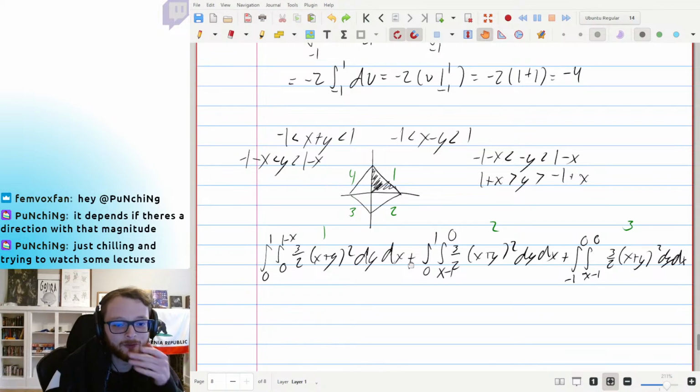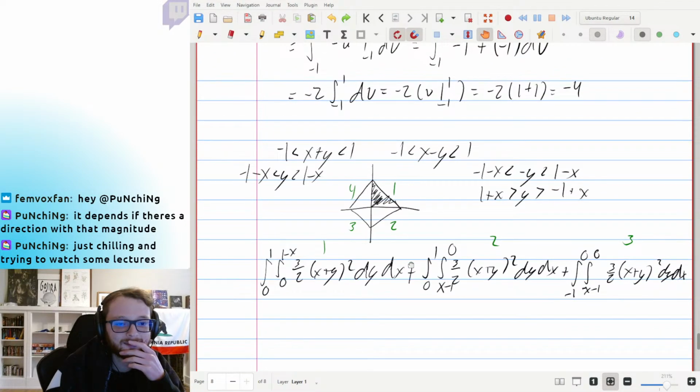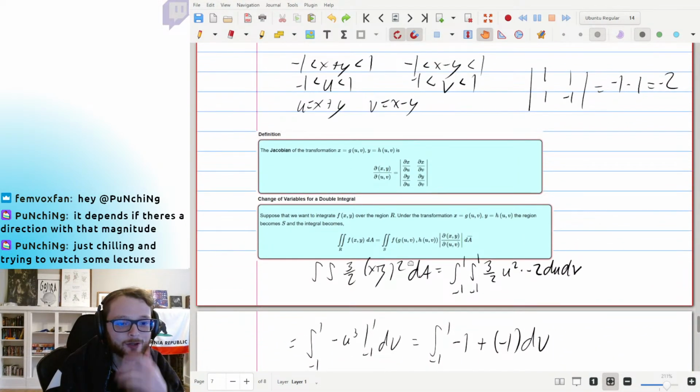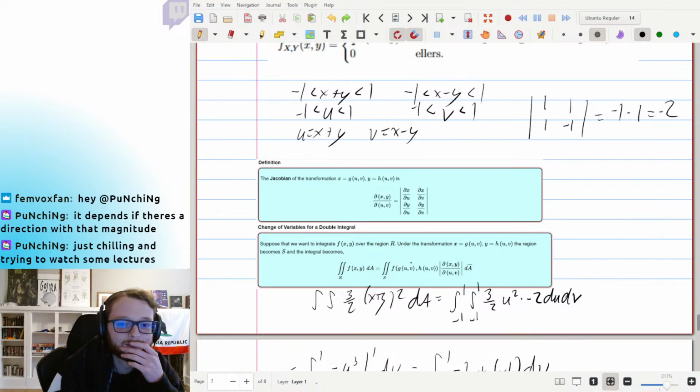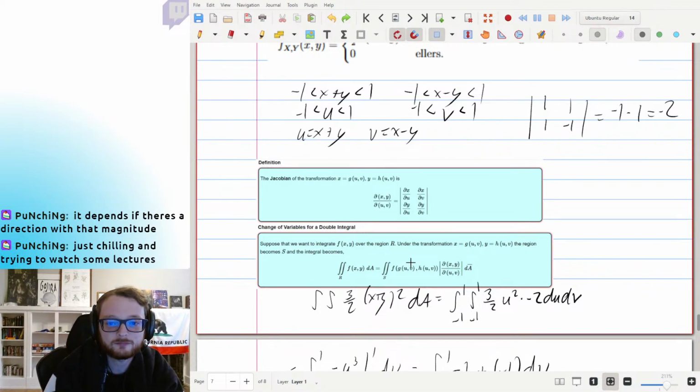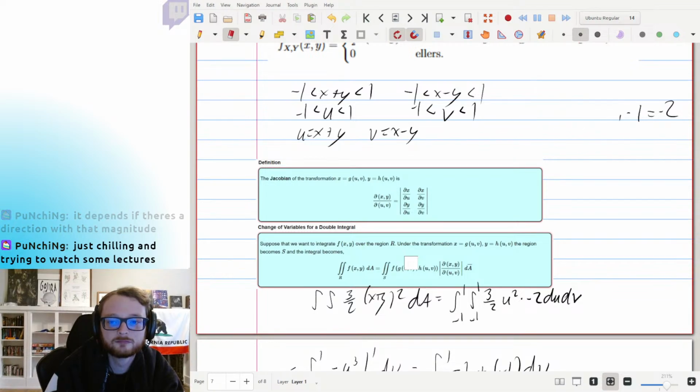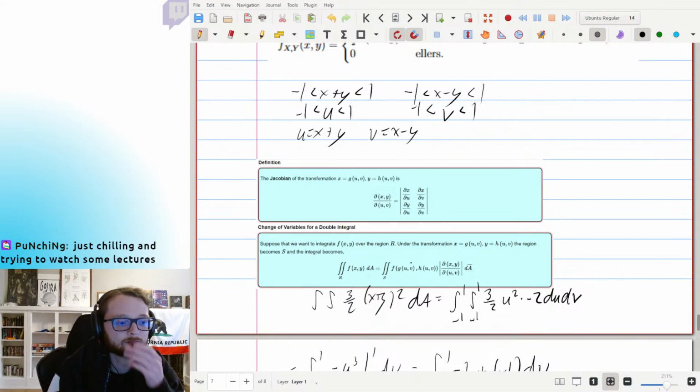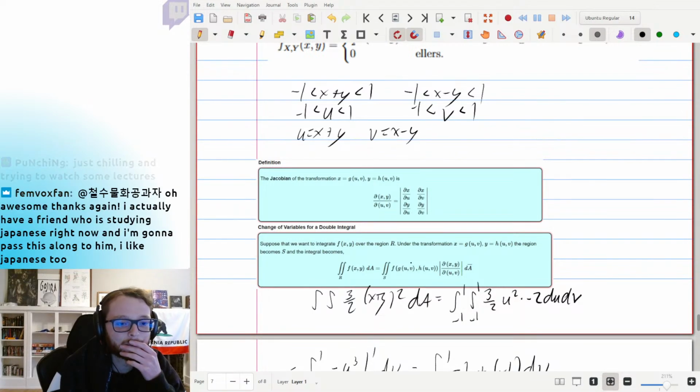The only thing I think of is to split up into 4 different regions and do this. And that's also terrible. I want to make the change of variables way work just because I want to see it. But I don't have a better way of doing this than the solution, unfortunately.